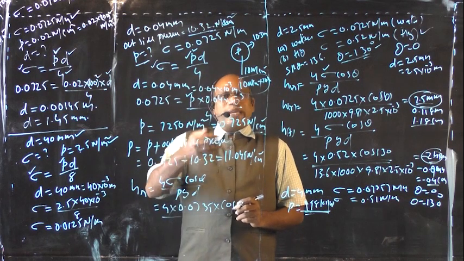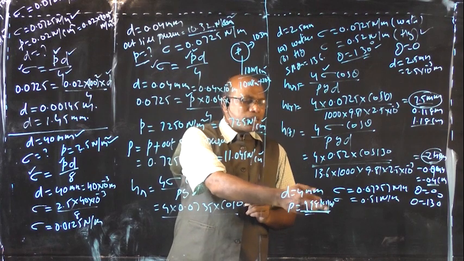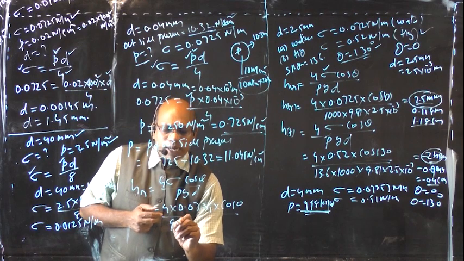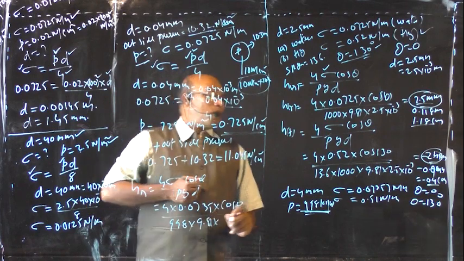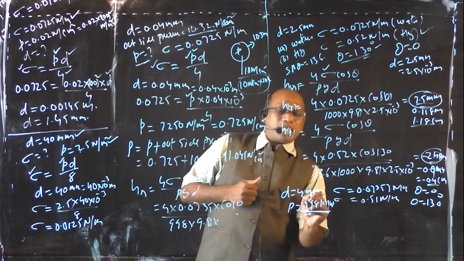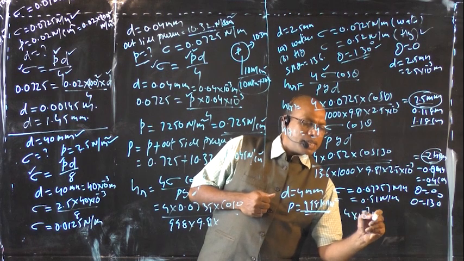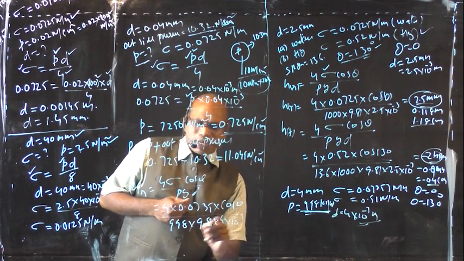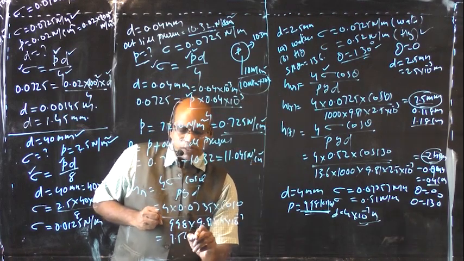We are not going to take 1000 kg per meter cube, because at 20 degrees temperature the density of water is given as 998 kg per meter cube. 998 into G value 9.81 into diameter of the glass tube given, that is 4 mm, equal to 4 into 10 power minus 3 meters. Therefore capillarity raise is 7.5 centimeters.